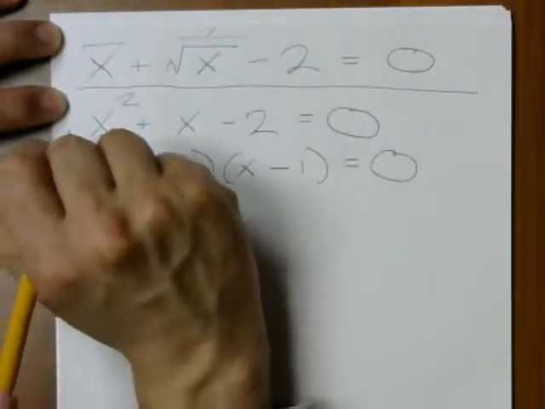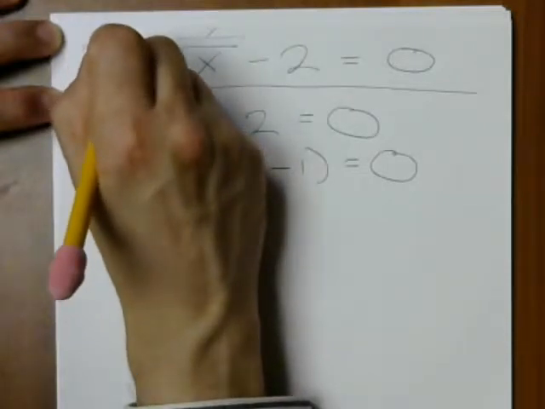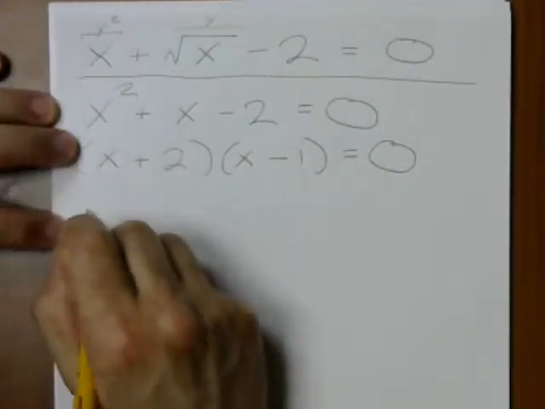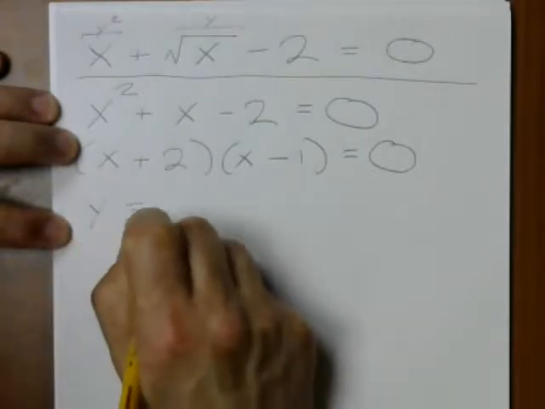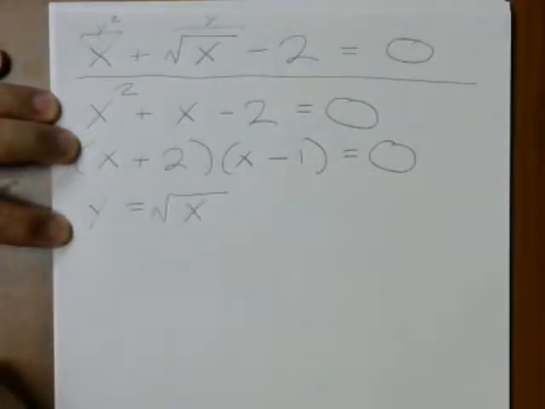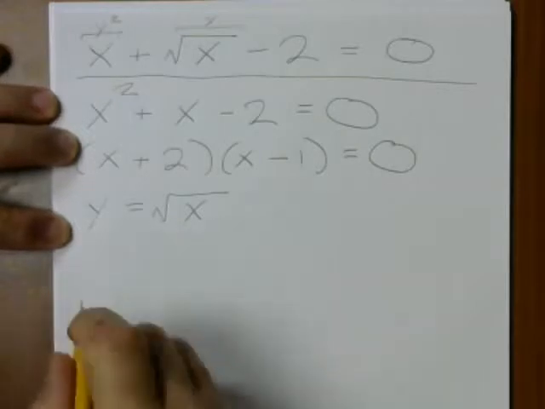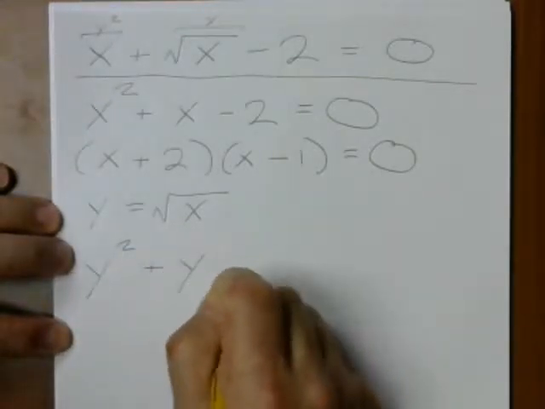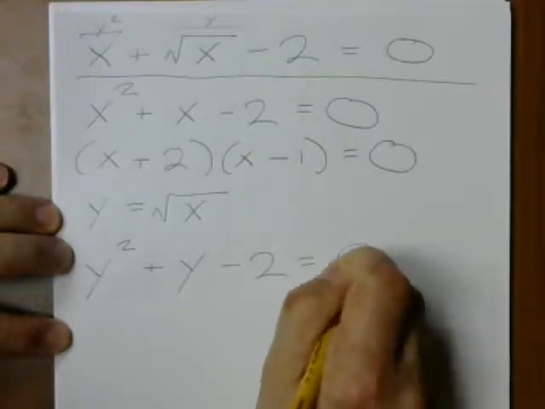If I let this be y, then this would be y squared. I know that's very small, so I'll write it out. y equals root x.